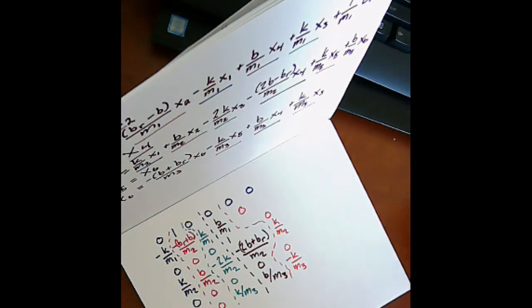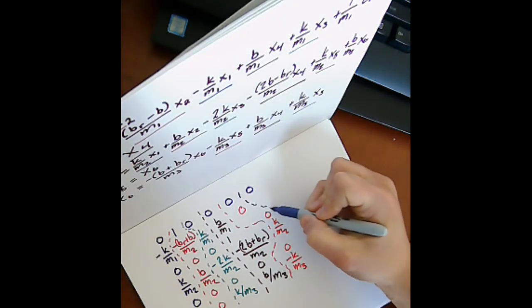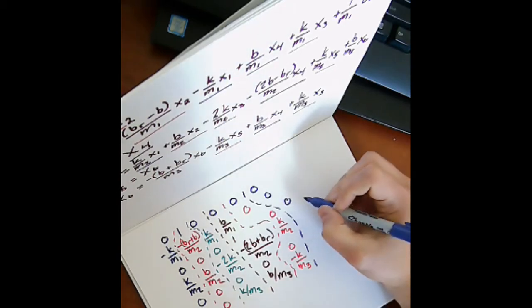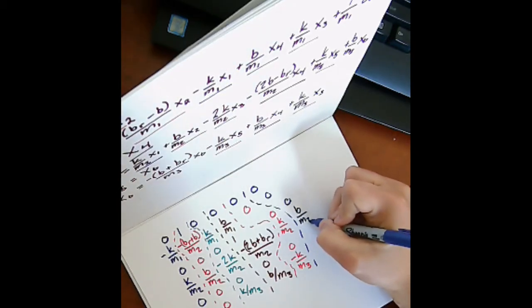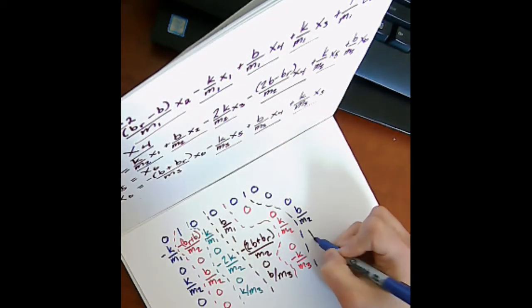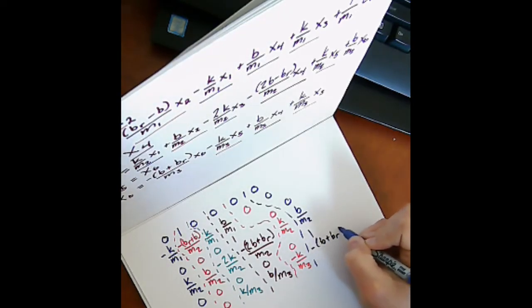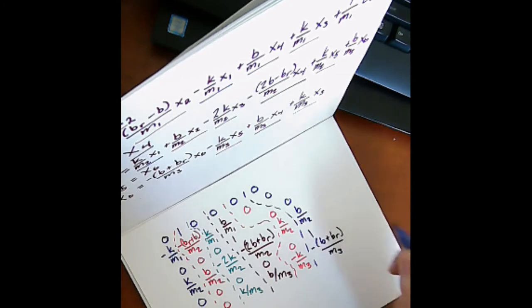And then my final entry, we'll go back to this color, is going to be my x6s. My x6s should be 0, 0, 0, 0, 0, 0, b over m2, 1, negative b plus br over m3.